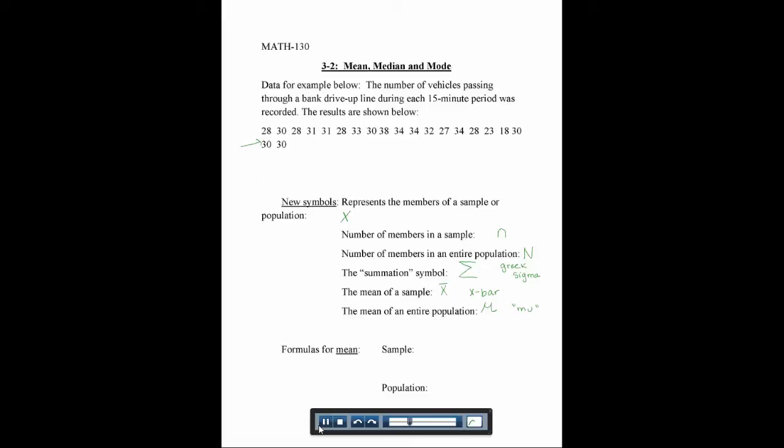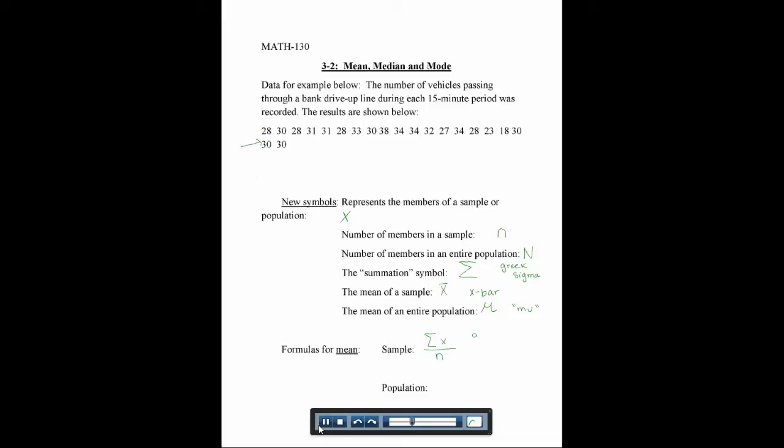So let's talk about the formulas for the mean. We'll be able to do this on our calculator, but it's also not difficult to do by hand. To write it out, we say add up all the x values. Remember, the sigma means add it up, and divide by the number in your sample.